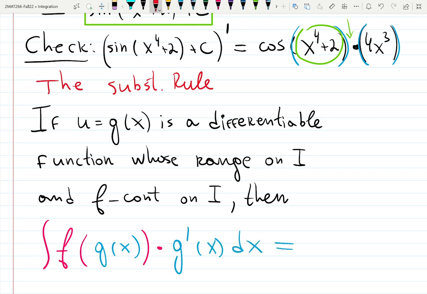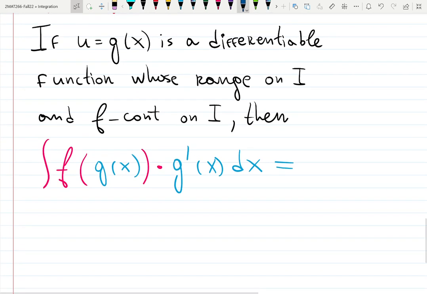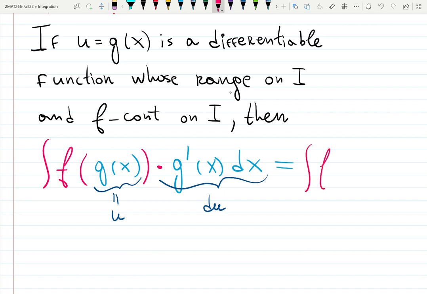We choose g of x to be u, then the tail becomes du times or over some constant. You were supposed to figure this out later. And it all can be rewritten as the integral of f of u du.